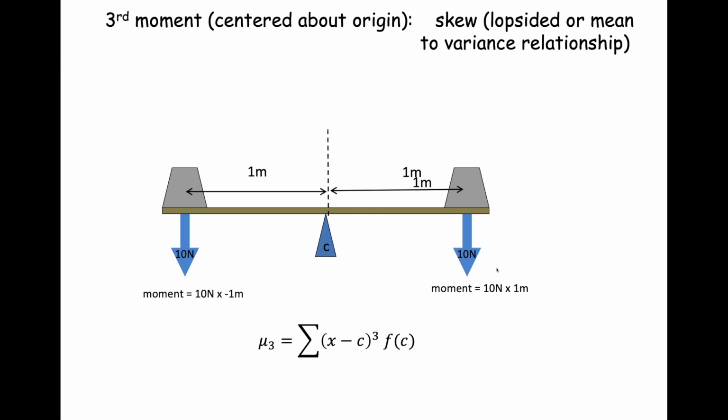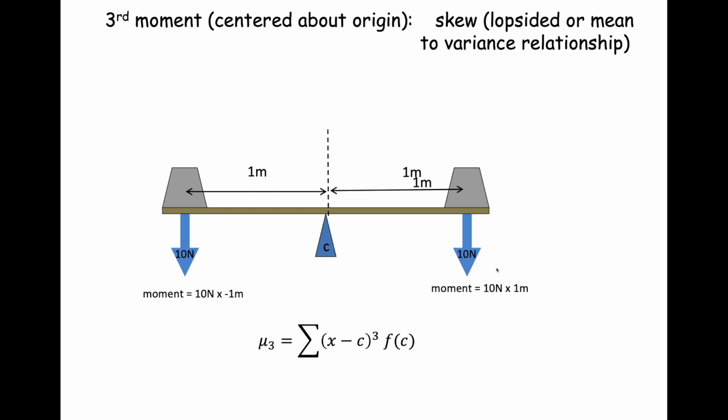So let's take a look at this other example where we have two 10 Newton forces, each equidistant from the center, 1 meter away. So that's -1 cubed, that's -1 times 10, that's -10, plus 1 cubed, that's 1, times 10, that's 10, minus 10 plus 10 is 0, and guess what? This balances.